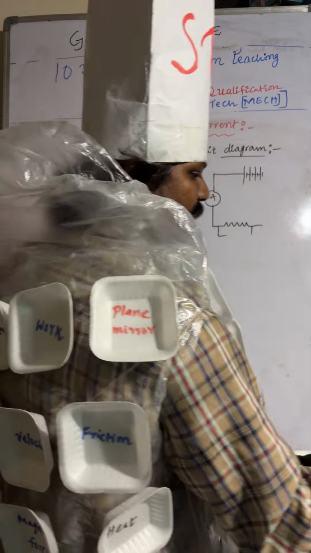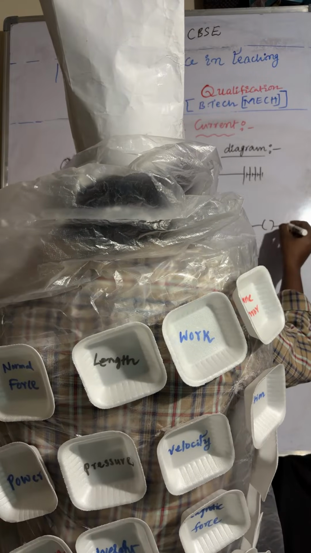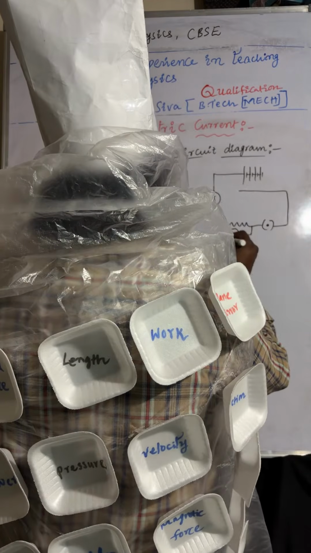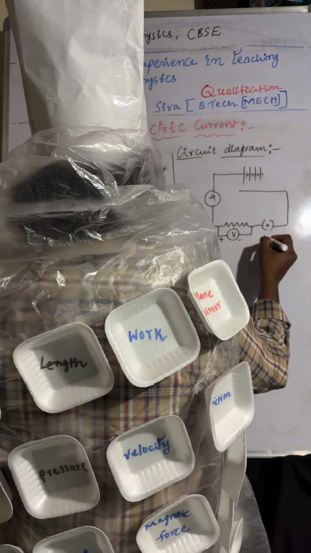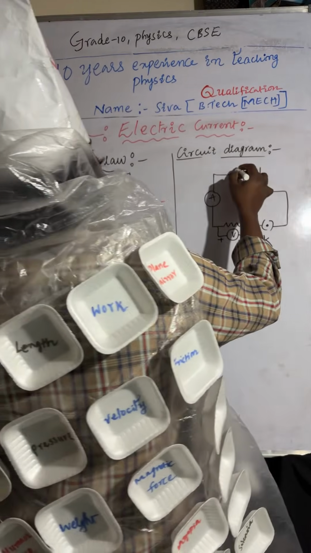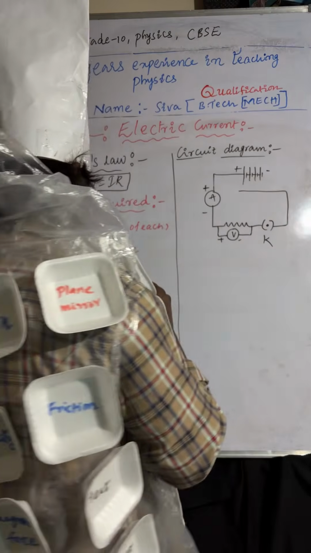Now you can see this is the voltmeter. Next, the switch, also called a key. Here current is flowing. We have to mention dotted lines.